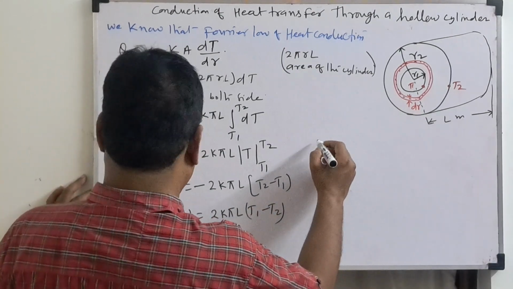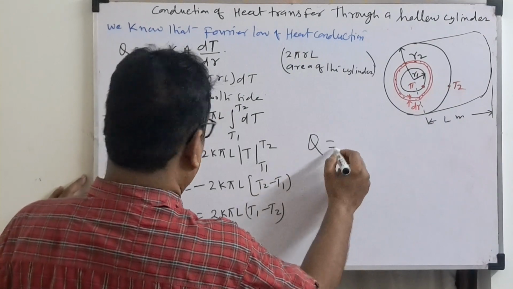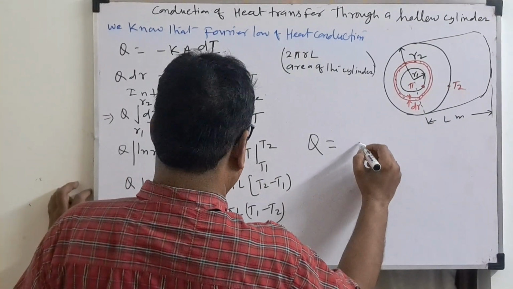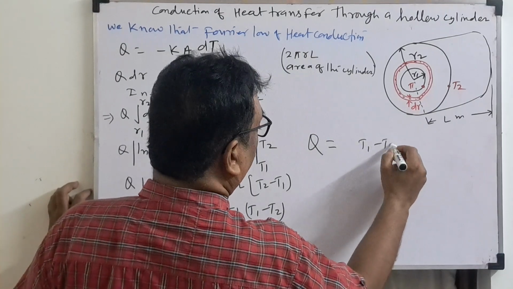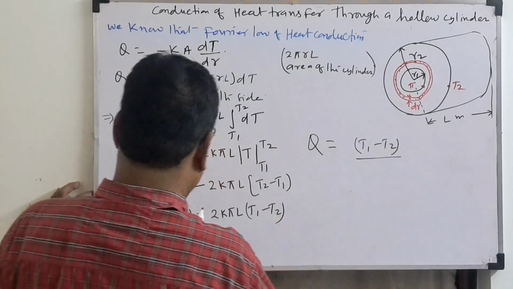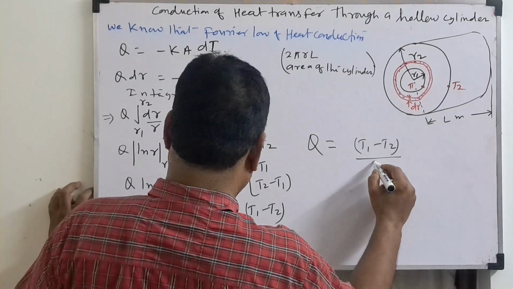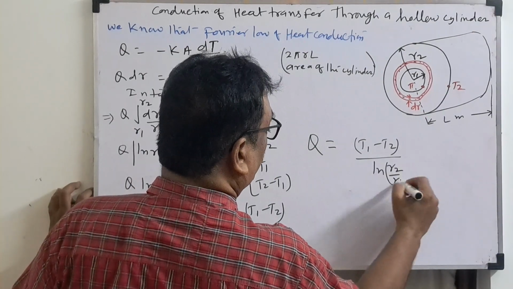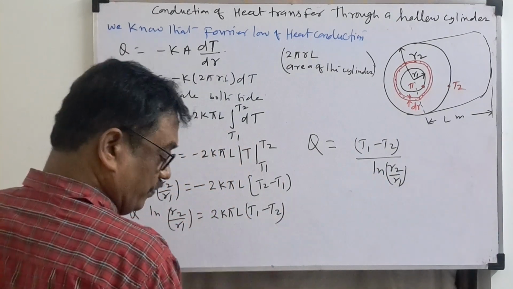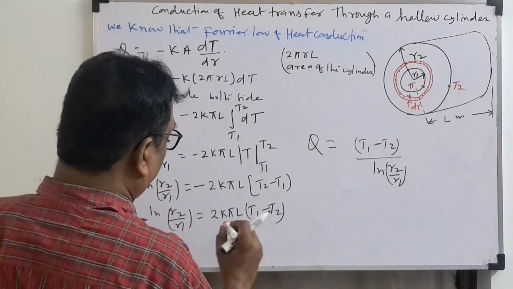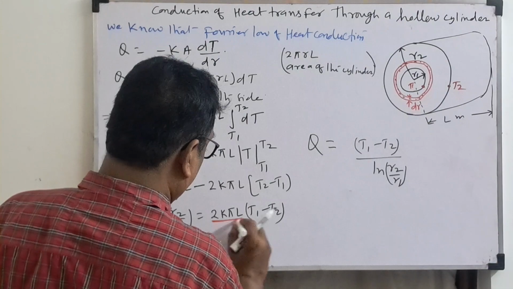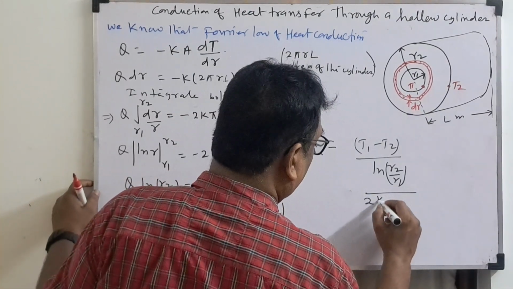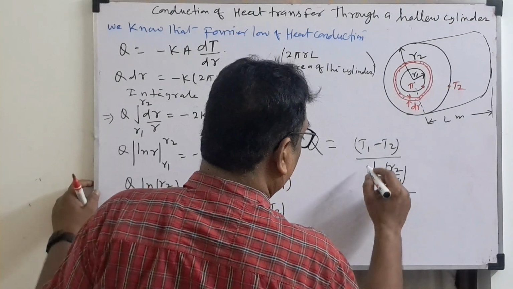I am going to write here. See here, Q is equal to, ln R will be down, so T1 minus T2 divided by ln R2 by R1 over 2 pi K L, or 2 K pi L, this will be down. What is this?